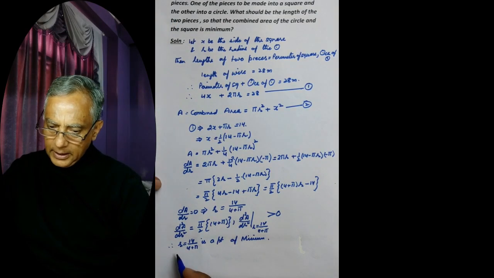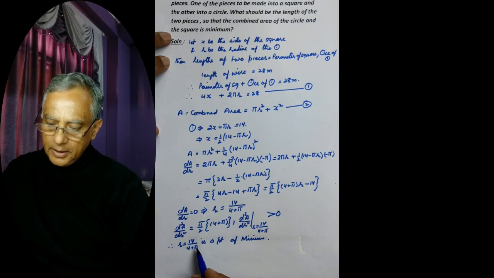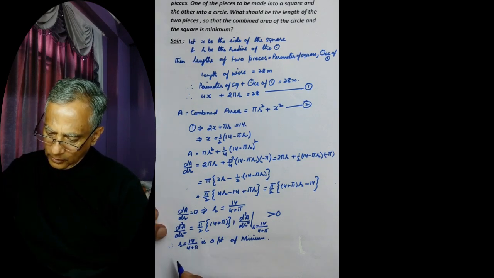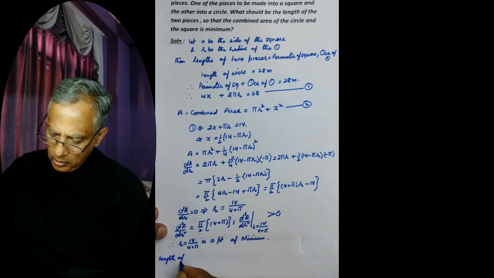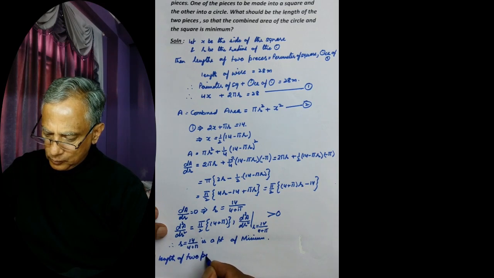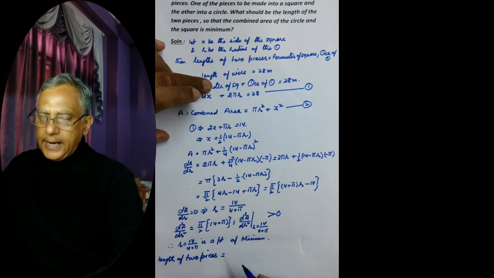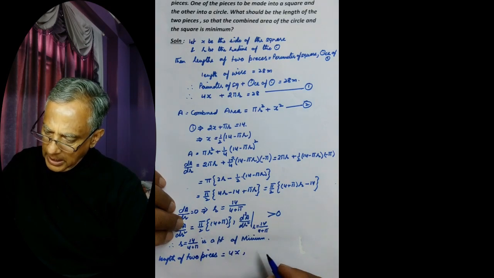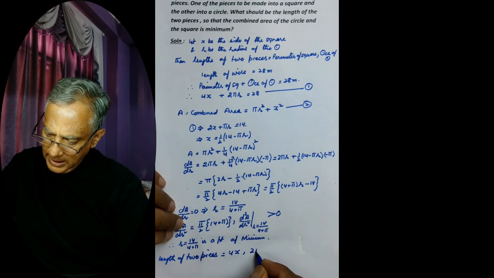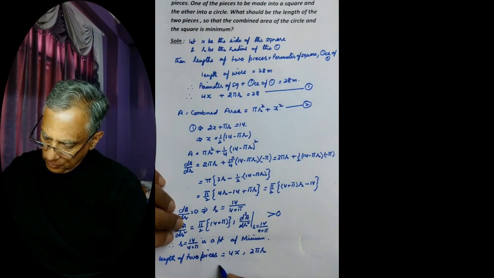And therefore, the combined area will be minimum if r is equal to this much. And therefore, length of two pieces is equal to perimeter of square and circumference of the circle. Length of one piece will be equal to perimeter of the square, and the length of the other piece will be circumference of the circle, that is 2 pi r.